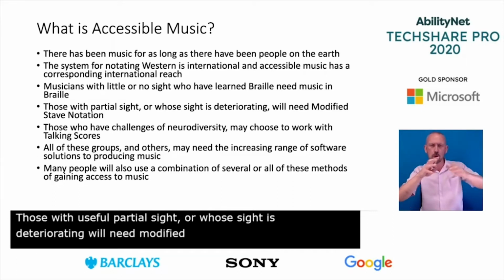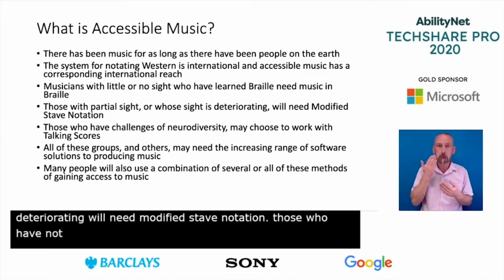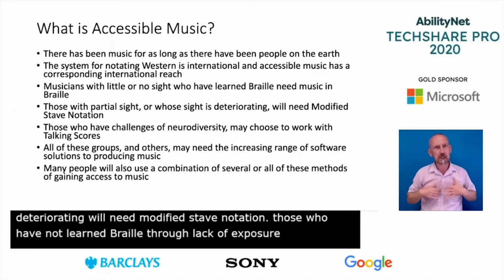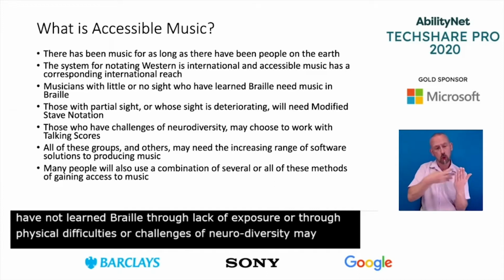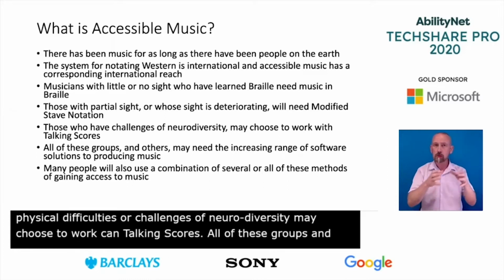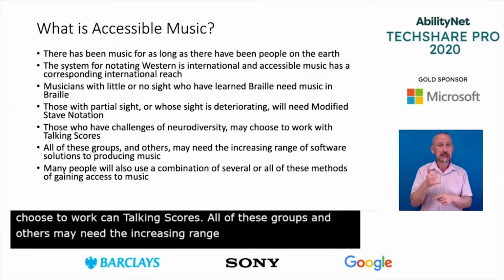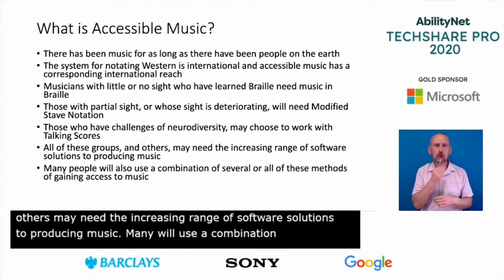Those who have not learned Braille through lack of exposure to it or through physical difficulties, or those who have challenges of neurodiversity, may choose to work with talking scores. And all of these groups and others may need the increasing range of software solutions to producing music. Many people will also use a combination of several or even all of these methods of gaining access to the music they need.